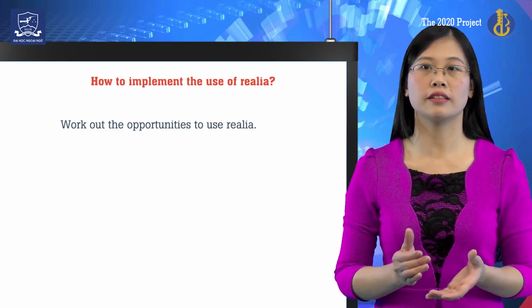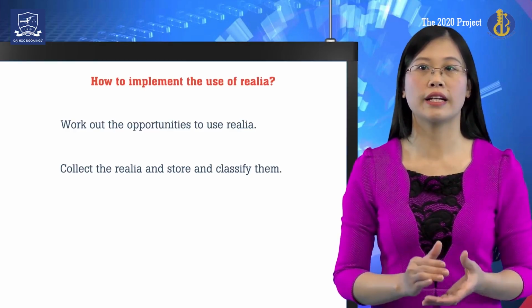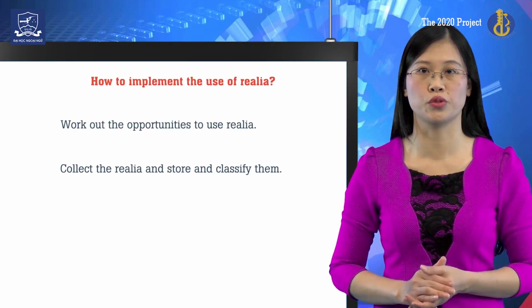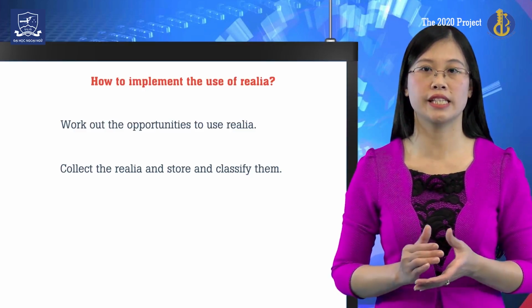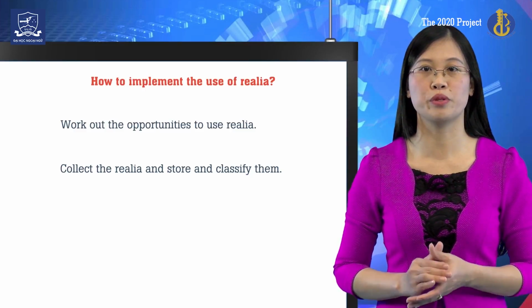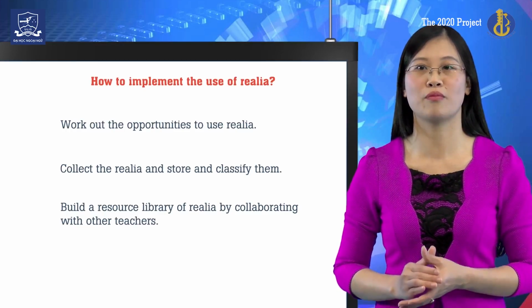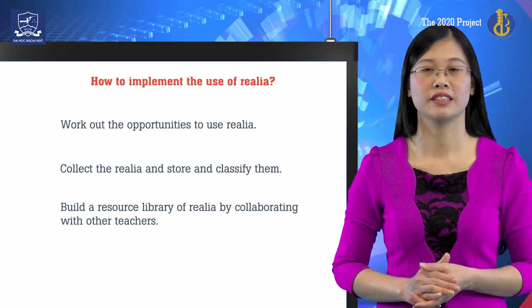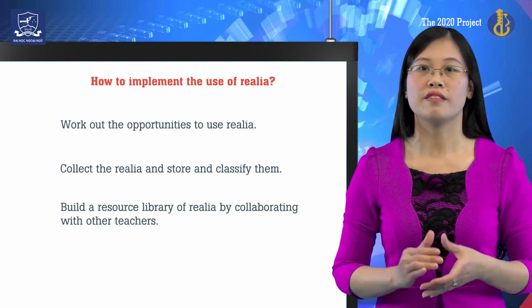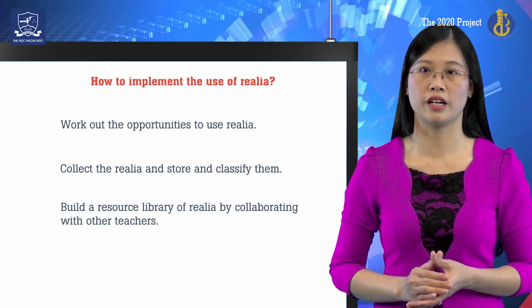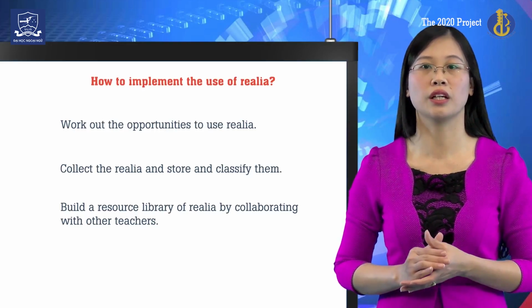Secondly, collect the realia, store and classify them for future use. Last, collaborate with other teachers in order to build a realia resource library. Thanks to this, there will be a wider variety of realia added to the collection.